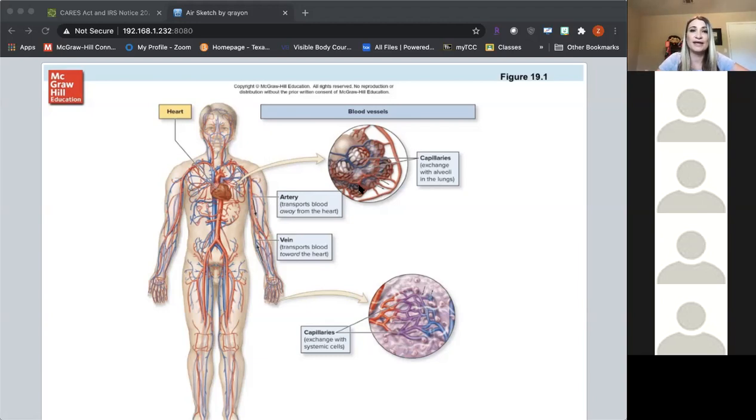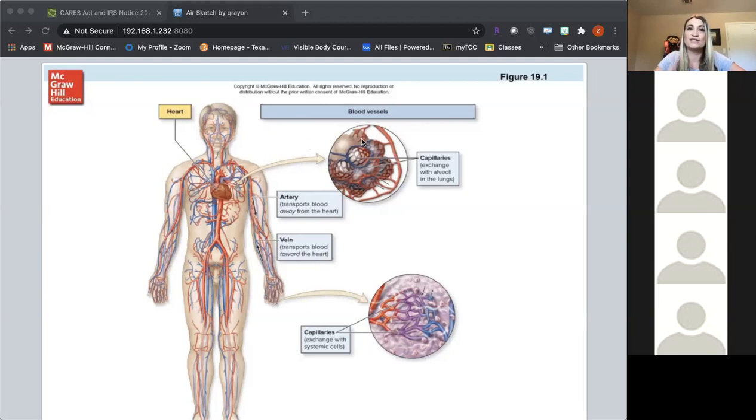The important thing to know is that arteries carry blood away from the heart. That does not mean that arteries always carry oxygenated blood. When we look at the heart, you will see that there are some arteries that are going to be blue, and some veins that are going to be red. We use the blue color to signify deoxygenated blood, and the red color on the pictures is used to show you the oxygenated blood.